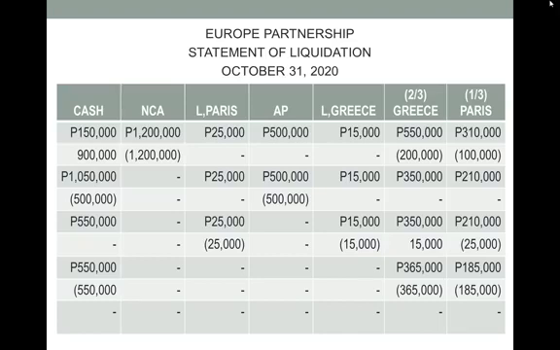The capital balances: for Greece, 350,000, and for Paris, 210,000. They became 350,000 and 210,000 because we deducted the allocated loss on realization.